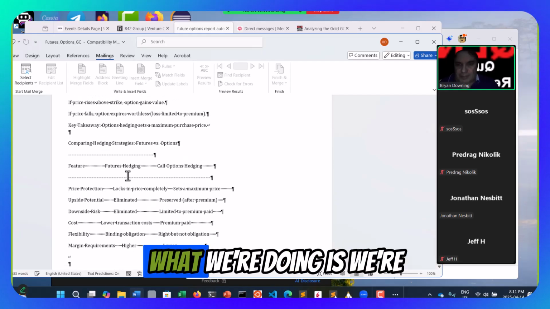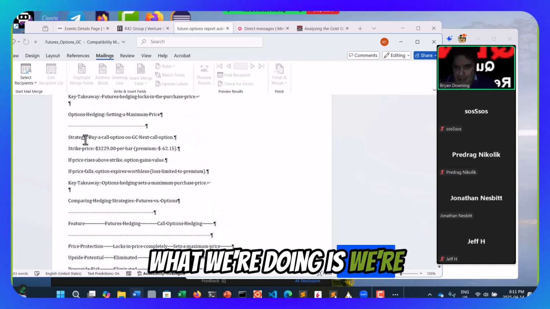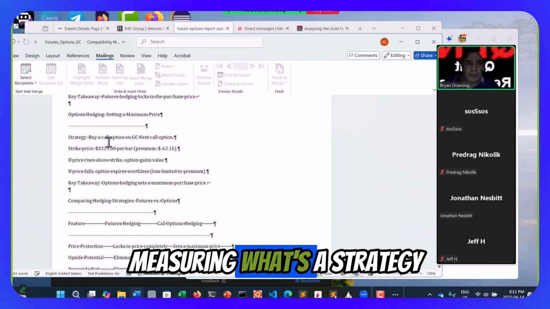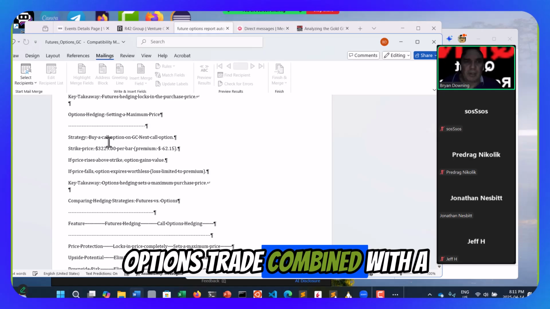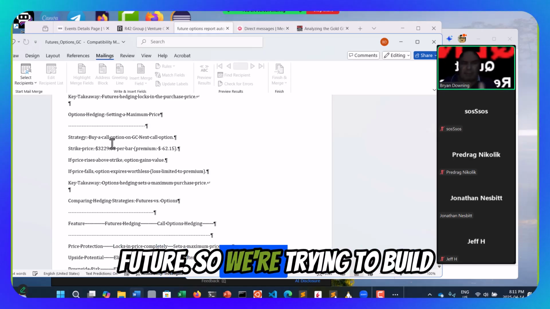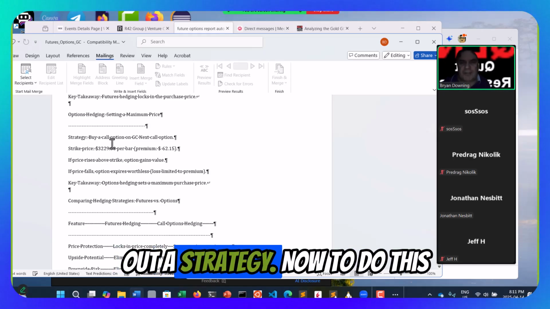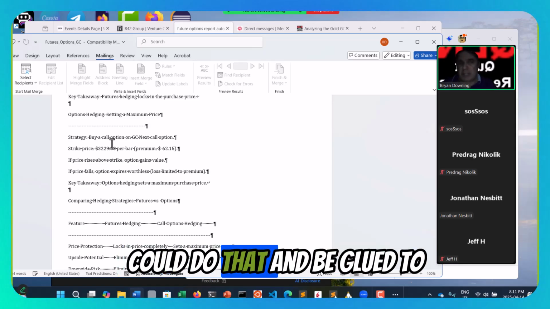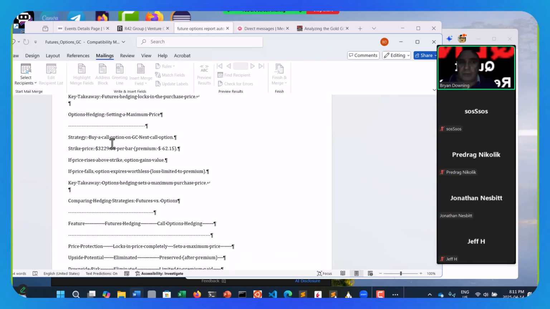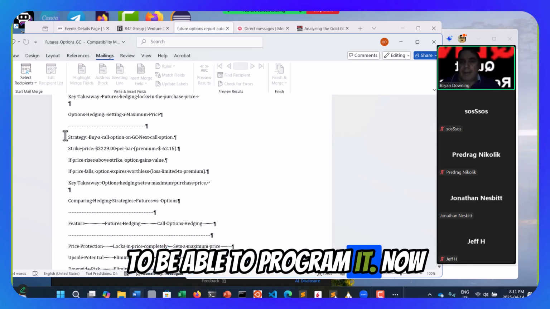So here, what we're doing is measuring what the strategy is going to be for the ultimate options trade combined with a future. We're trying to build out a strategy. Now, to do this from a human perspective, you could be glued to the screen, but obviously you want to be able to program it.